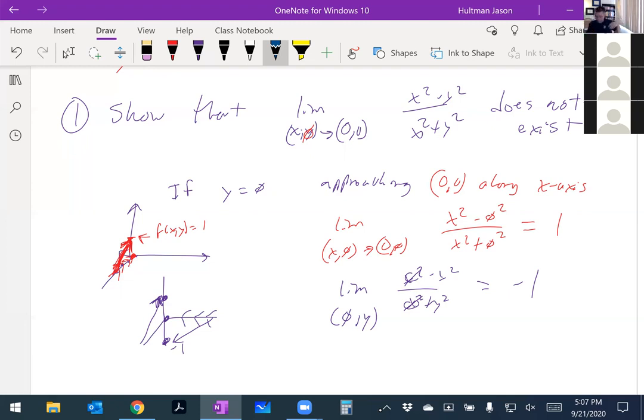Well, in 2 dimensions, what did that mean? Look, I'm approaching here, and I'm approaching here. I'm approaching the same value, x equals 0. And what happens when I approach and they don't meet up? Well, the limit does not exist.